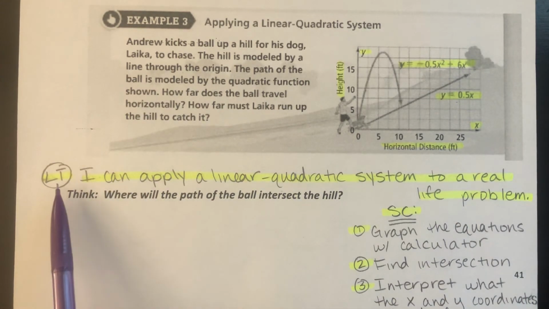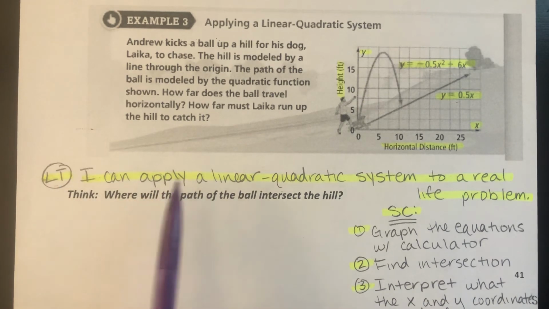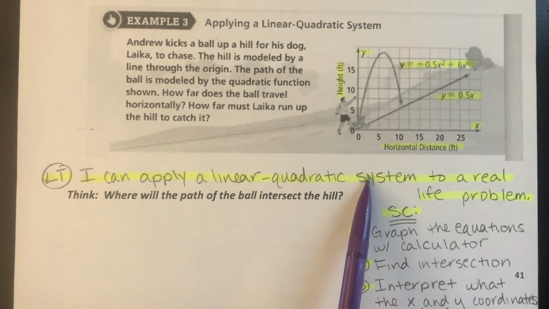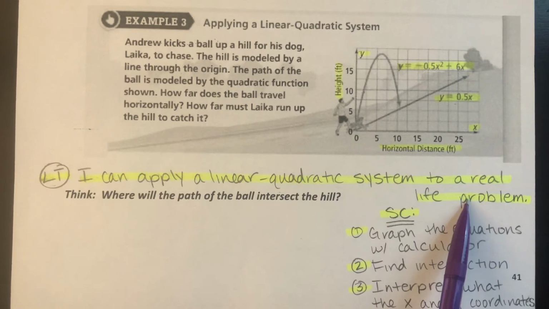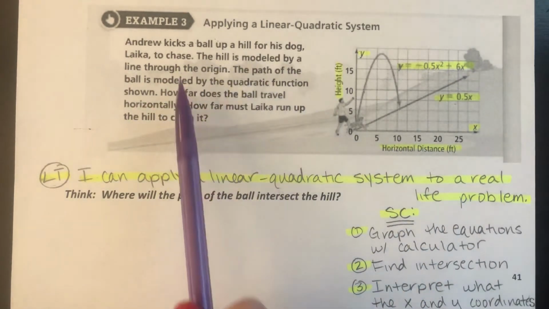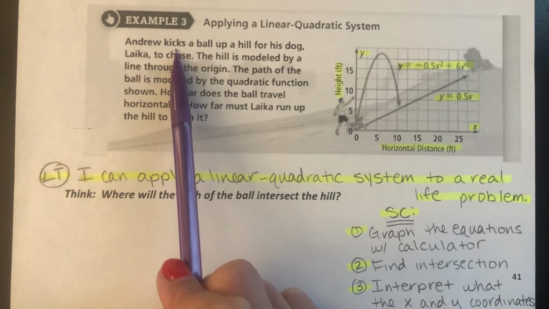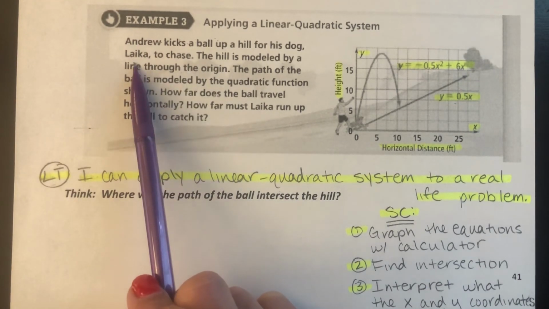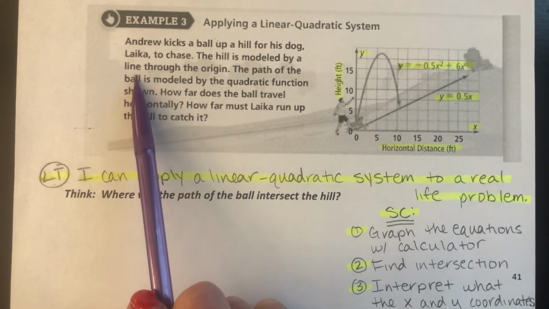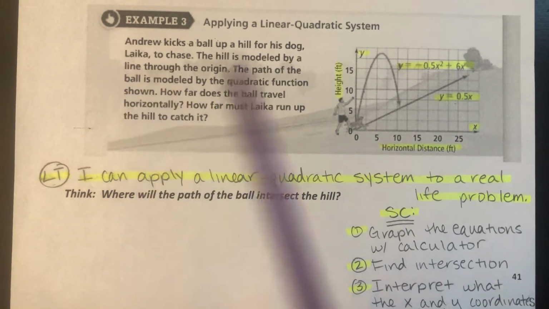is looking at the learning target: I can apply a linear quadratic system to a real life problem. Let's read this real life problem together. It says, Andrew kicks a ball up a hill for his dog, Leica, to chase. The hill is modeled by a line through the origin.